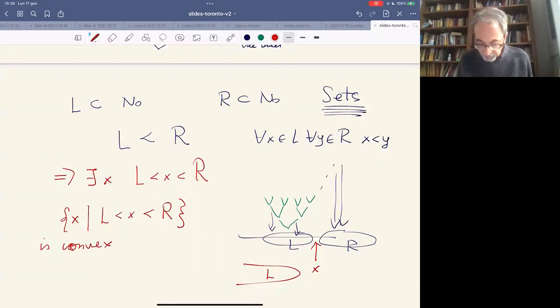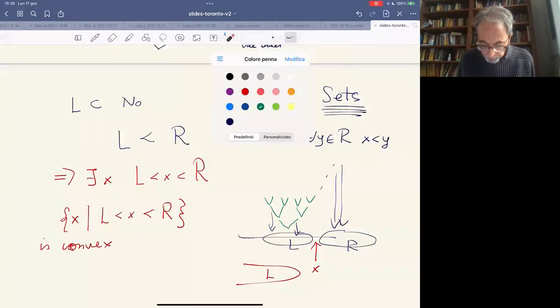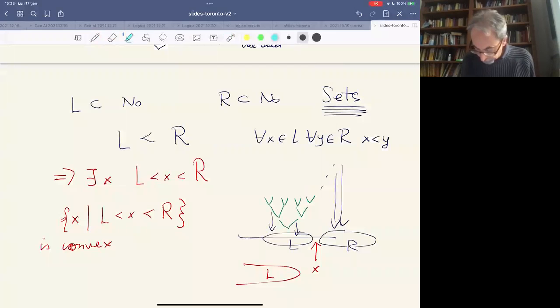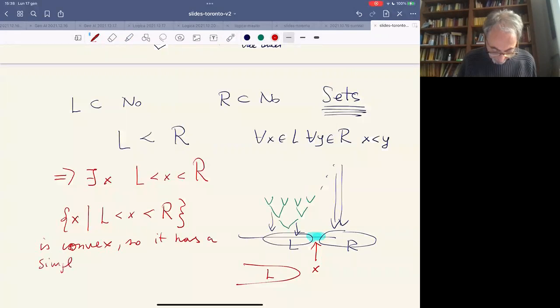So the things which are in between form a convex class. So it has a simplest element.